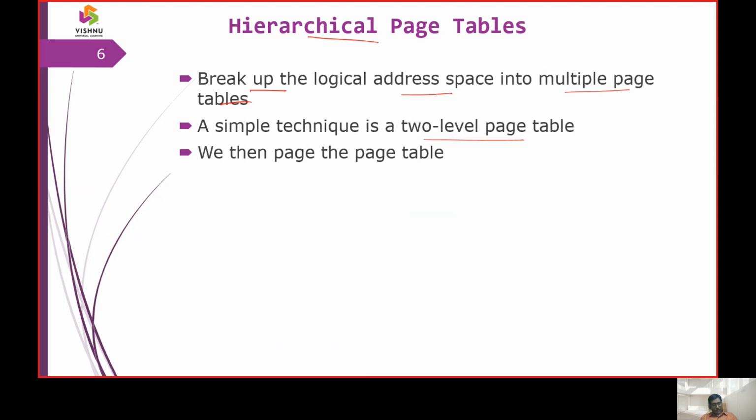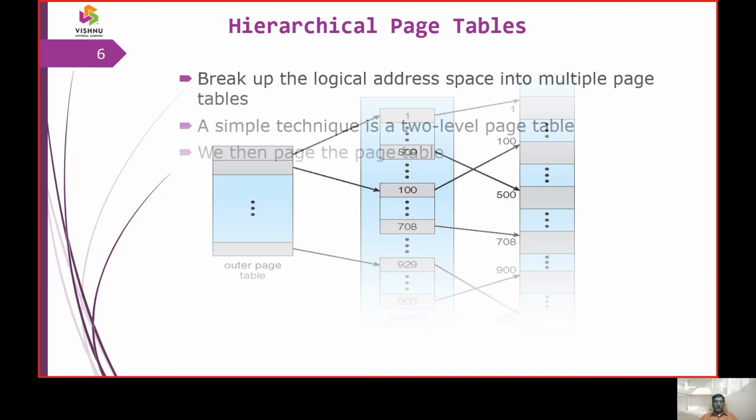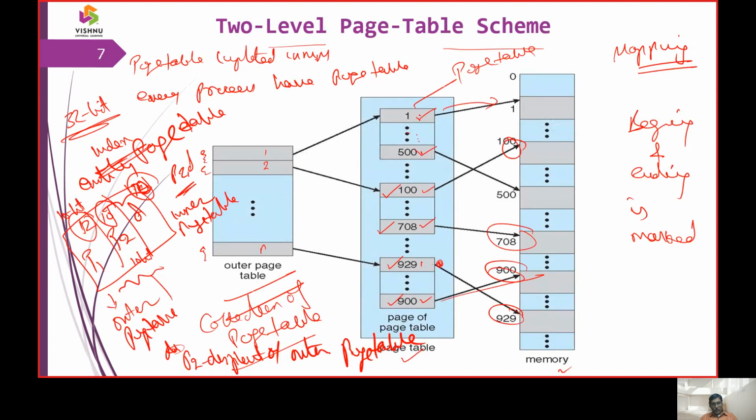The logical address space is going to be broken up into multiple pages. We can see here the outer page table is assumed as an index, and it points to the multiple page tables which are organized in the inner page table, and every table has the beginning and ending of each page location.